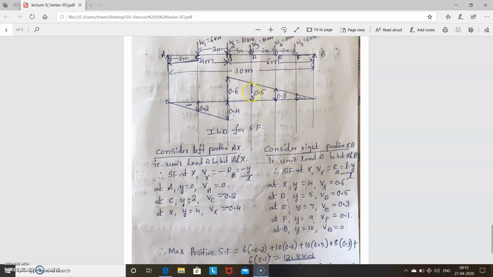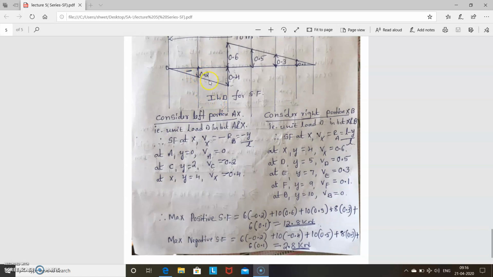Next at D, y is equal to 5, that is 4 plus 1. Then at E, y is equal to 4 plus 1, 5, plus 2, 7. Next at F, this distance is 9, so you get 0.1. Next at B, the full distance, y is equal to 10. If you substitute, you get 0.